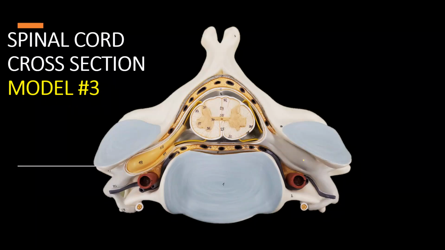Now, this model here, spinal cord model number 3, not only has the spinal cord, which is right here, it also has the meningeal layers, but it also has, you can see, this is sitting in a cervical vertebra. How do you know it's a cervical vertebra? Well, it's got transverse foramen in the transverse processes. And you can kind of see by this little structure right here on the spinous process that makes it a cervical vertebra.